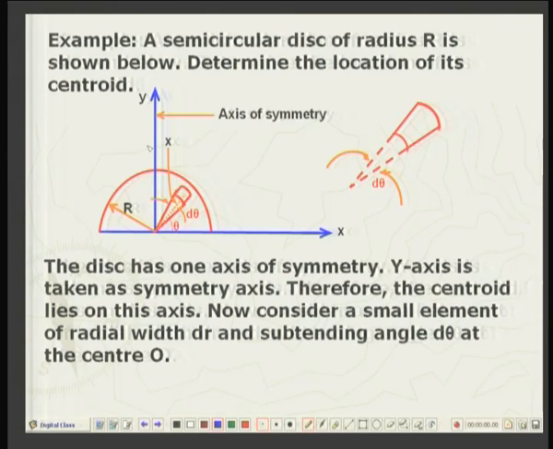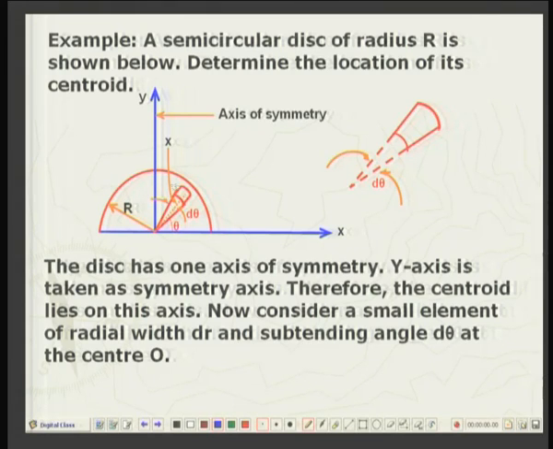So, that is the y axis. So, this y axis is the axis of symmetry. All right. So, we know that the centroid has to lie on this y axis. So, the x coordinate of the centroid is automatically known to be 0. Only we have to find out the y coordinate.